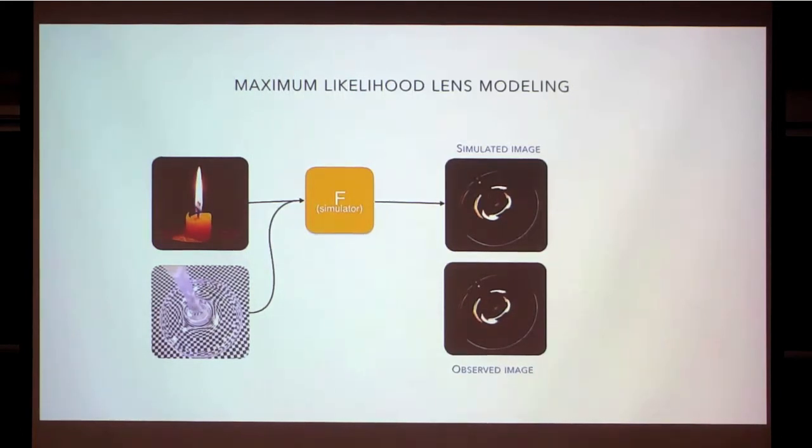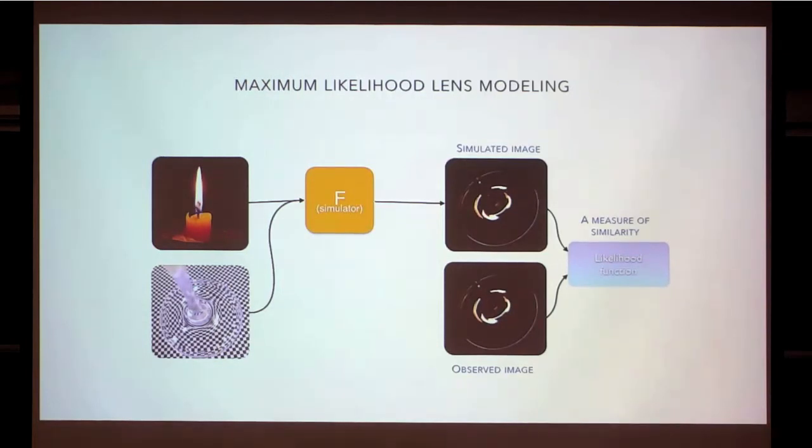If I try this experiment for every possible candle and every possible wine glass, producing a gajillion simulations, and compare all of them to my real data and find the ones very close to the data, then I can say the background source must look like that, and the wine glass looks like that. This is called maximum likelihood lens modeling because to compare these observations to the simulated data, you use a likelihood function, which is the function that you try to maximize.